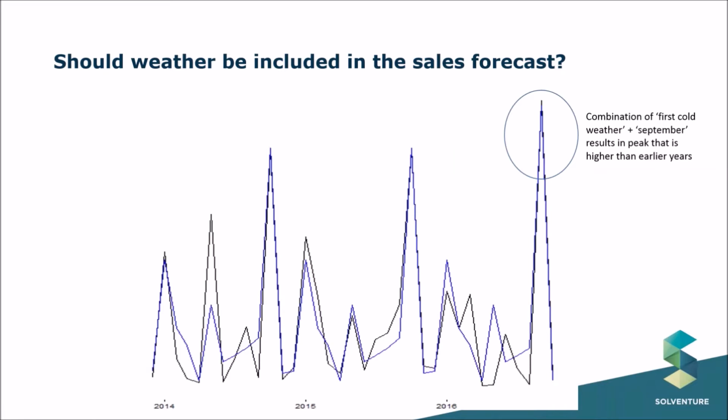It's almost too good to be true. I see that I really predict the peak of sales here in October. This is the peak in October, and I say if the temperature drops earlier, if it drops below 1 degree Celsius already in September, this is what you're going to have.